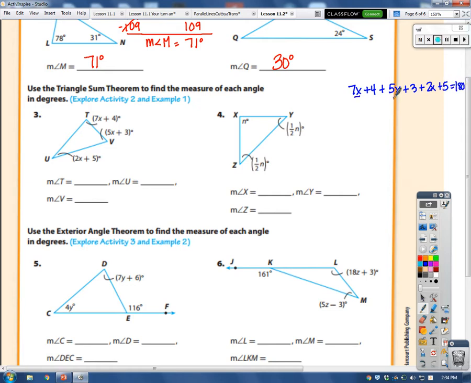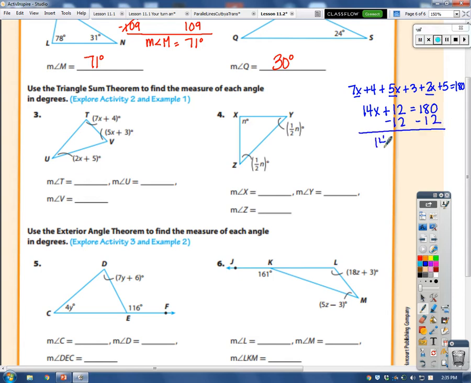So I'm going to combine all my x's here. 7 plus 5 is 12. Plus 2 is 14, so I've got 14x plus all my constants, 4 plus 3 plus 5, so that is 7 plus 5 is 12, and that equals 180. Now I'm going to go ahead and subtract, use my inverse operations here.